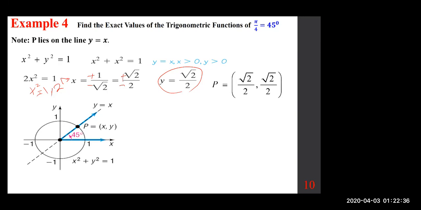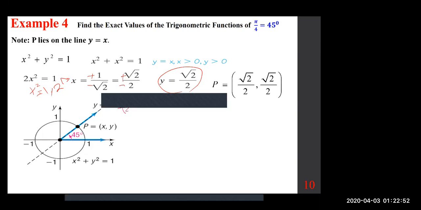Both are the same. Now, just for the sake of argument, I hope you see that tangent is what? Sine over cosine. They are identical. Tangent becomes 1. Let's say over here, tangent of pi over 4.